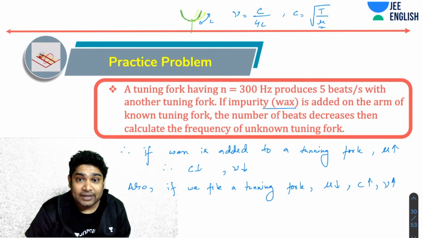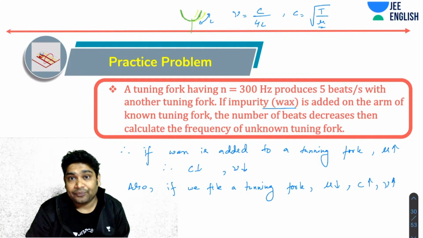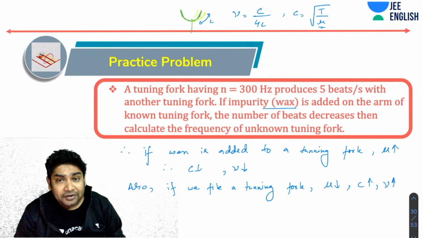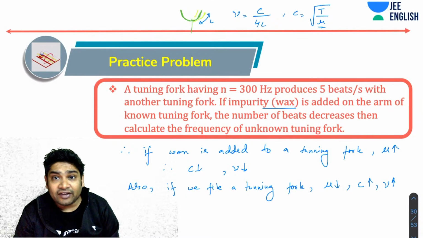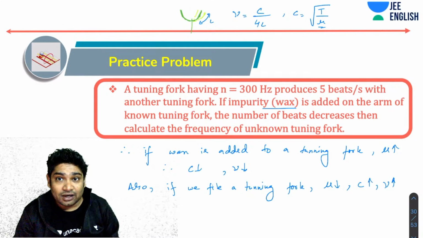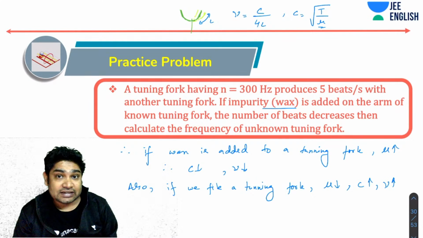Okay. Now, based on that information, try and answer this one. So now you've been told that a tuning fork of frequency 300 hertz produces 5 beats with another tuning fork. If impurity is added to the arm of the known tuning fork, the number of beats decreases.